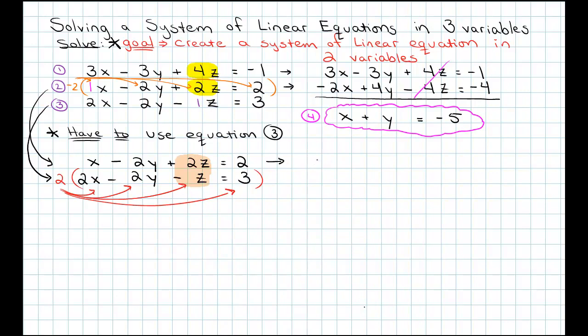Okay, so equation number 2 stays exactly the same. So we're going to have x minus 2y plus 2z is equal to 2. Equation number 3 will turn into 4x minus 4y minus 2z is equal to 6.